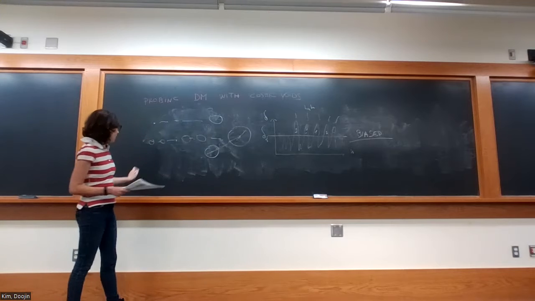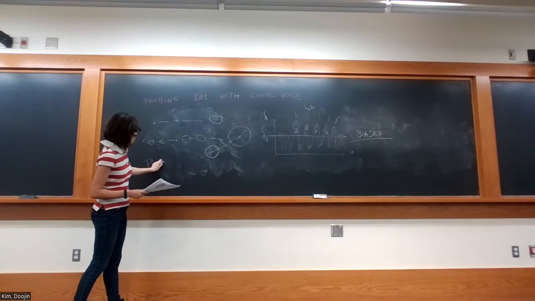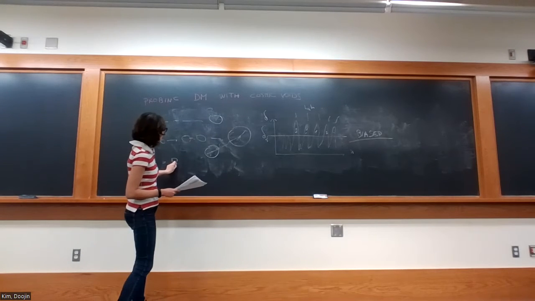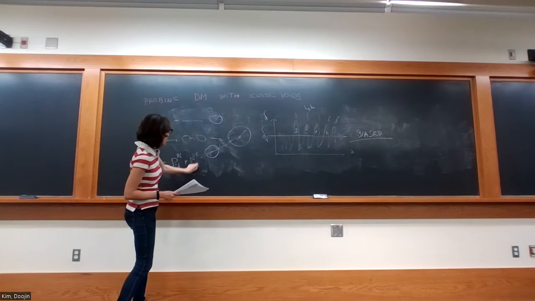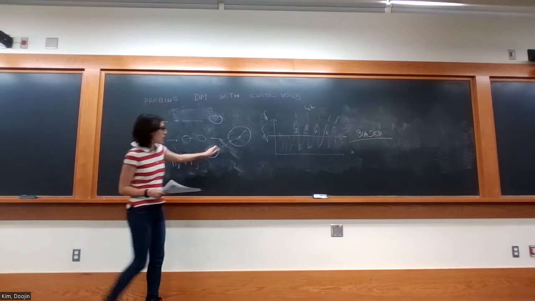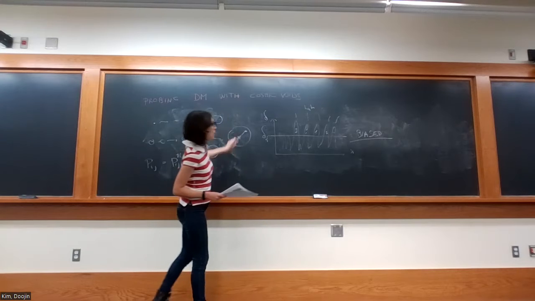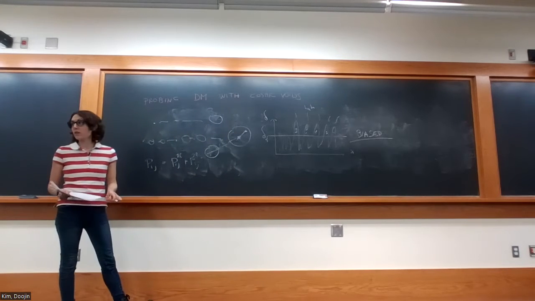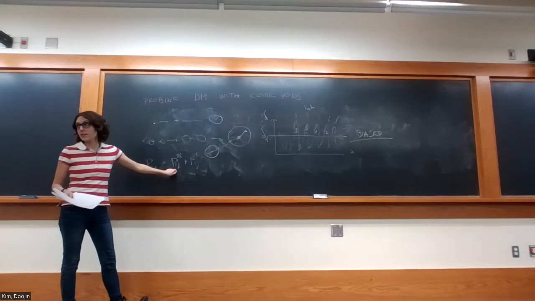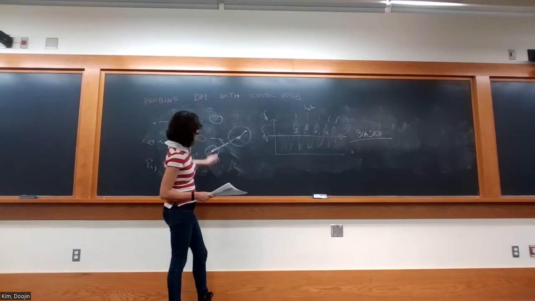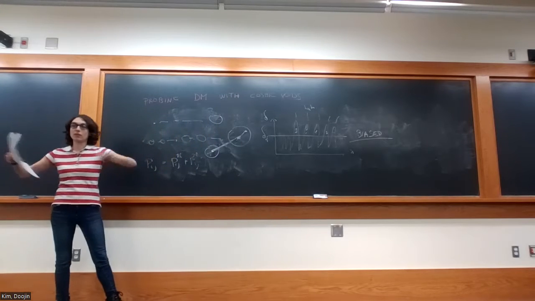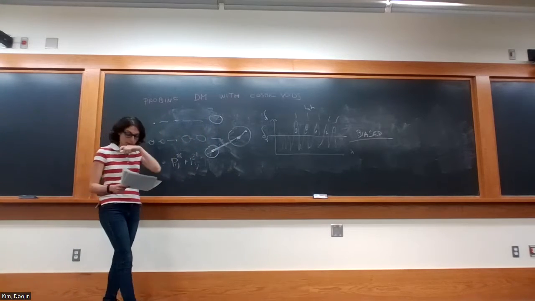Now, in this picture, you can write the Fourier power spectrum as the sum of two terms, the one halo and the two halo. The one halo term measures correlation between points inside one single halo, so small scales, while the two halo term measures correlation in two distinct halos, so larger scales.